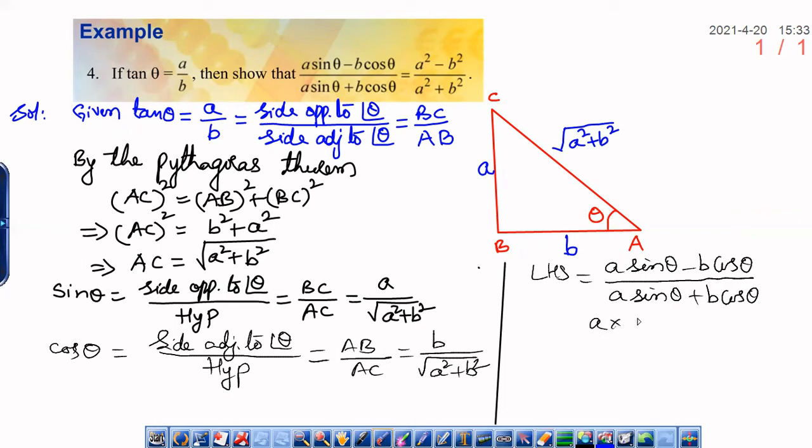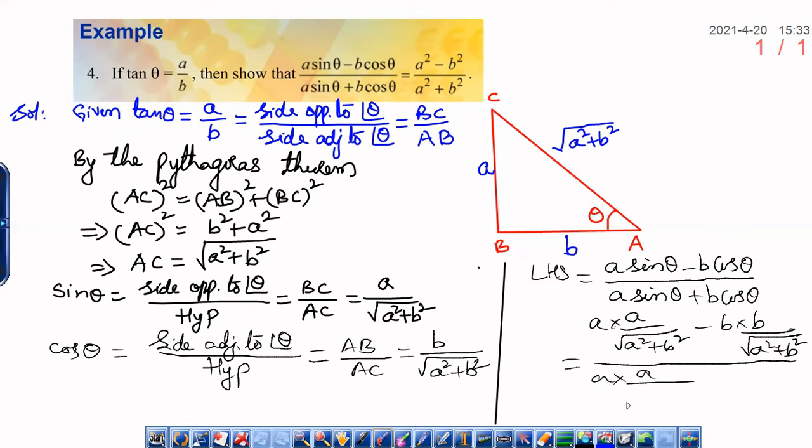A into A by under root of A square plus B square minus B into B by under root of A square plus B square, divided by A into A by under root of A square plus B square plus B into B by under root of A square plus B square.